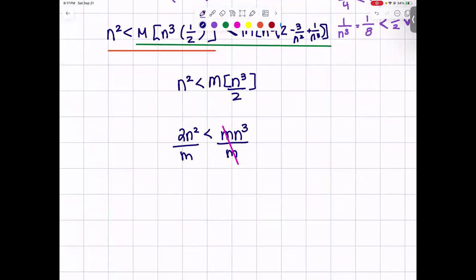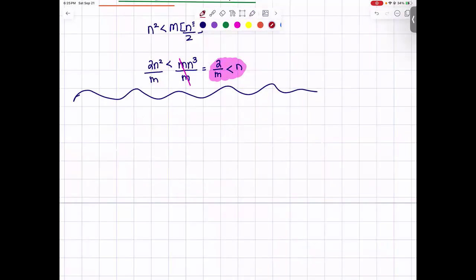And then we could divide both sides by n squared so that we end up with 2 over m being less than n. So now we have found our other bound. Fantastic. Let's rewrite the statement that we're trying to prove so we don't forget it. There exists an n greater than 0 where n squared is less than m times 2n cubed minus 3n minus 1.